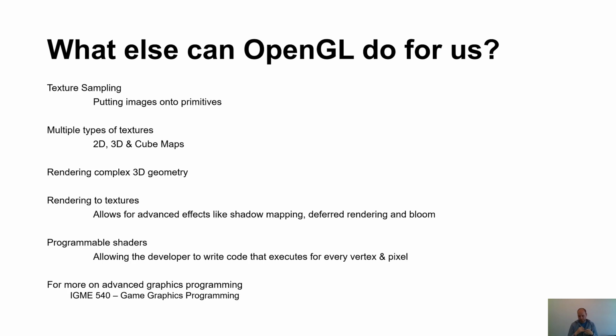We can also render very complicated 3D geometry. We can render things to textures, which we can then apply throughout the scene to create shadows, to do reflection, even using deferred rendering to accomplish bloom effects, which are fun. OpenGL supports programmable shaders. We talked a little about the fixed function pipeline earlier, and we'll talk about that again.